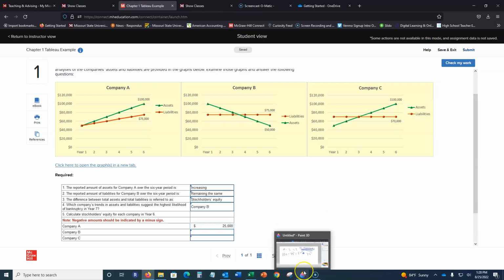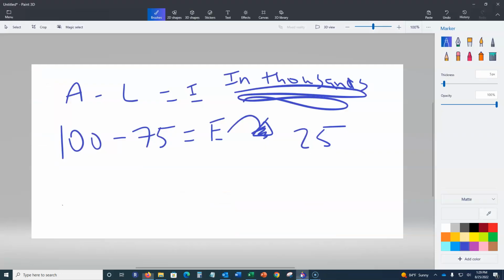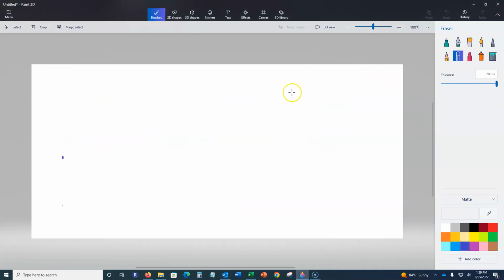Okay. So Company B, now we've got a similar situation. Their assets are 50,000 and their liabilities are 75,000. So now we are going to find their stockholders' equity. How are we going to do that? We're going to start the exact same way.